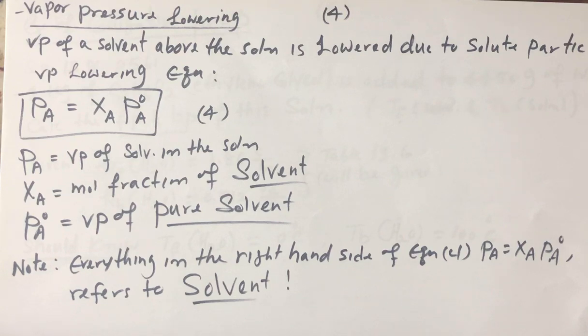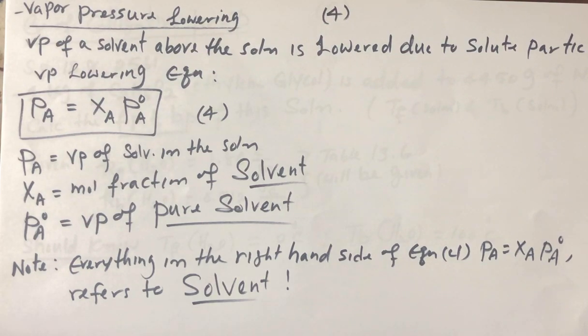The next page shows the vapor pressure lowering equation. The vapor pressure of the solvent above the solution is lowered, less compared to the pure solvent, due to the solute particles.